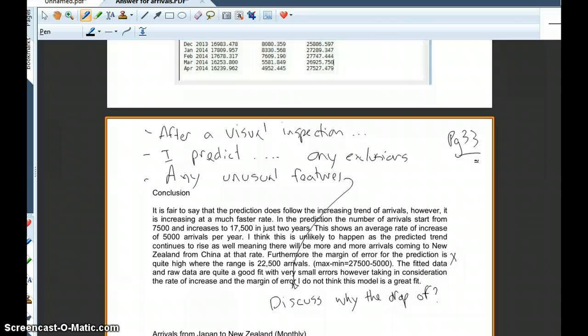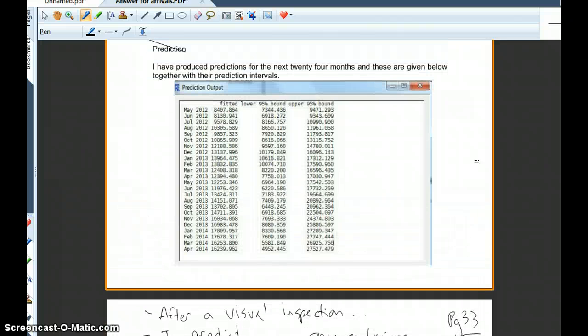Done. The second paragraph should deal with some predictions. "I predict that," and then basically choose a couple of predictions from this table. That in May 2012, the arrivals from China to New Zealand will be 8,000.